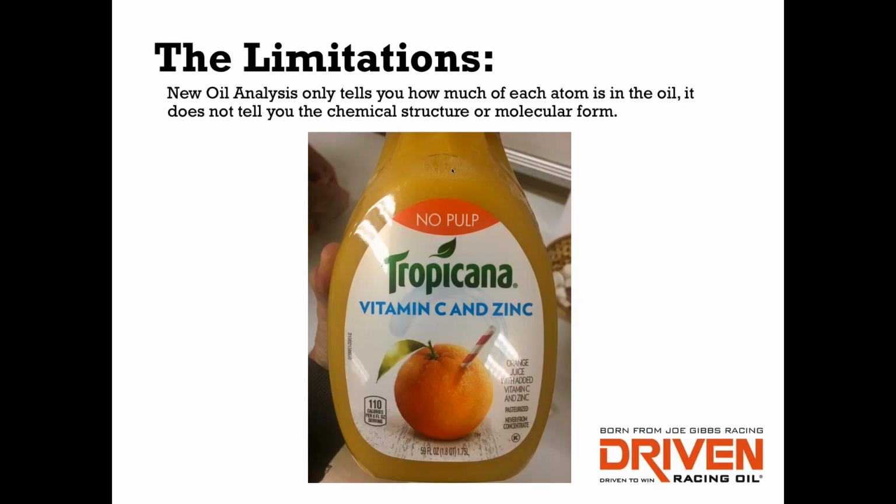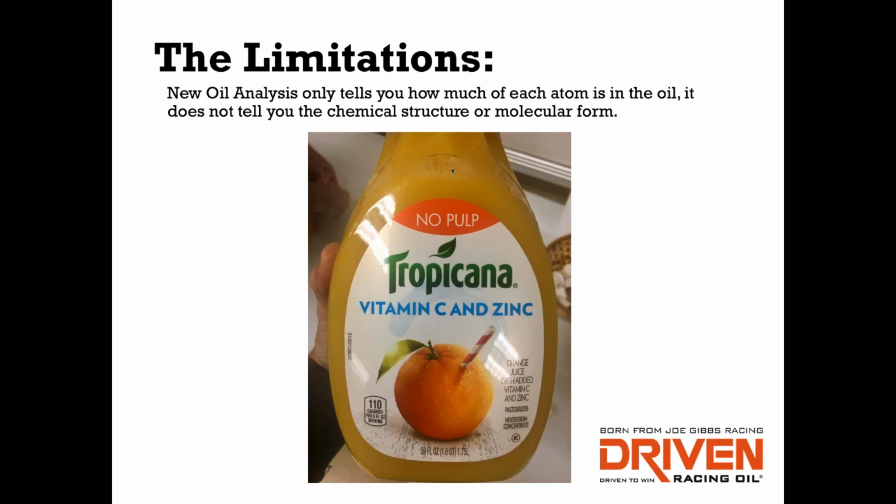And so what happens is when you see an oil analysis report that says there's 2,200 parts per million of zinc in the oil, that's not telling you the chemical structure of that zinc. Just like the example we showed earlier of ZDP-A and ZDP-B and the big difference in the amount of wear between the two, you go back and look, the amount of zinc in the two oils is the exact same, but the molecular form of the zinc, the chemical structure, was different between A and B, and that gave a different result.